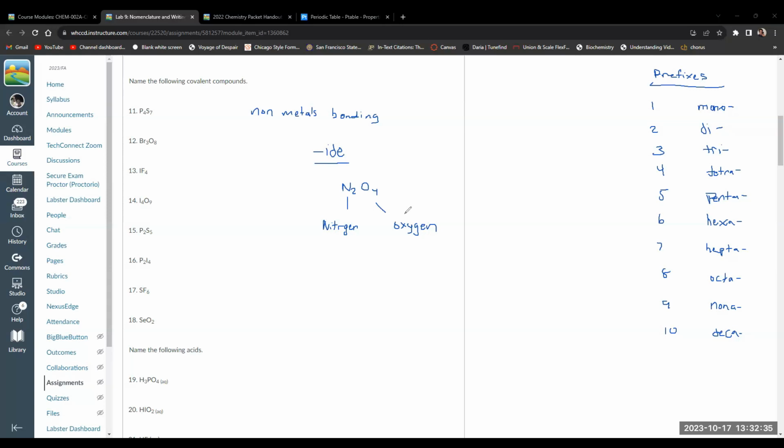Now, if we look at our compound, we see that there are actually 2 nitrogens. So we know we're going to be using the prefix di for nitrogen. And we have 4 oxygens this time, so tetra for oxygen.